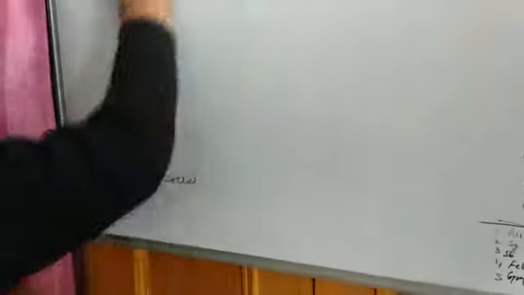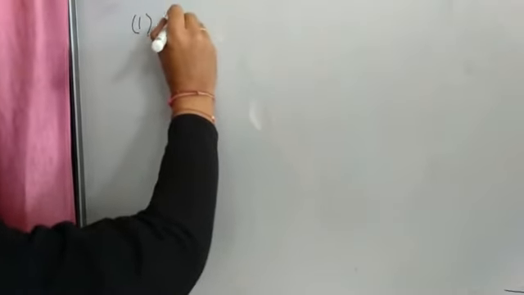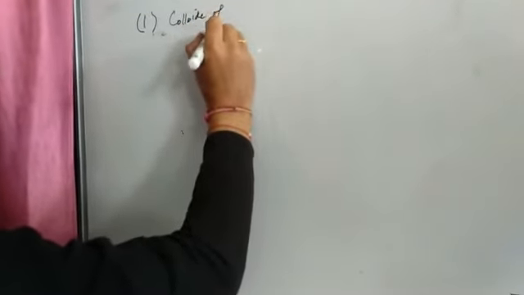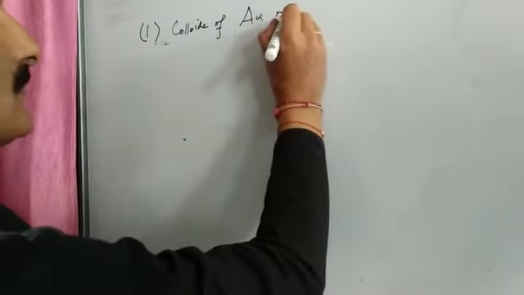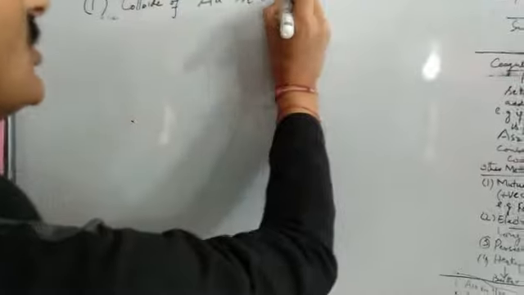Now, before concluding today's topic, I would come to some specific terms which may help you in objective type questions, like some special things. Colloid of gold in water. That means it becomes a colloid, that is gold in water.